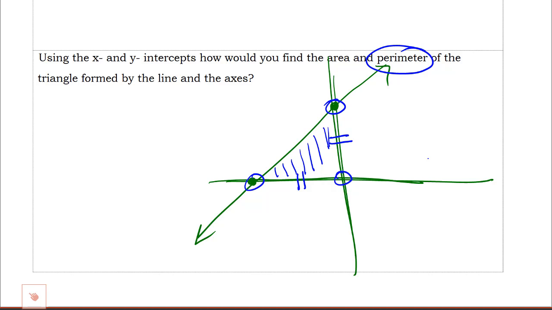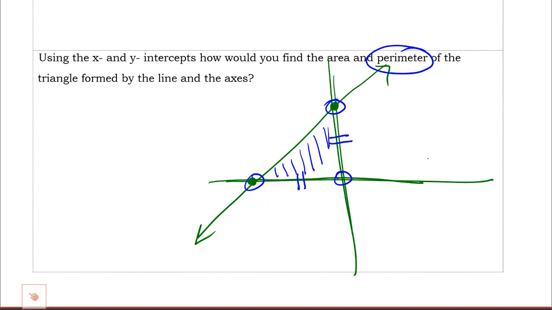So, if I want to make a definition or a rule about the height and base of this triangle, and I'm going to use the x and y intercept. The height of the triangle is going to be the absolute value of the y-intercept.